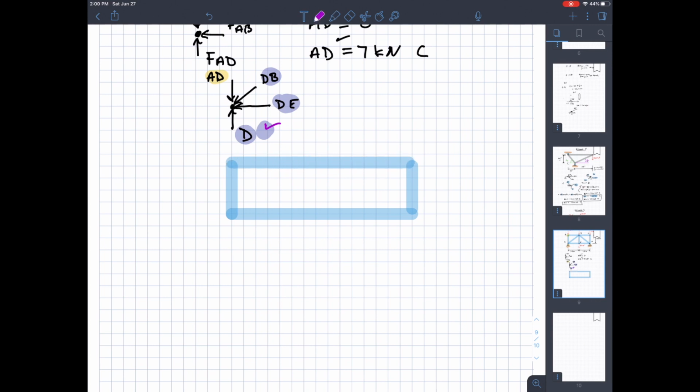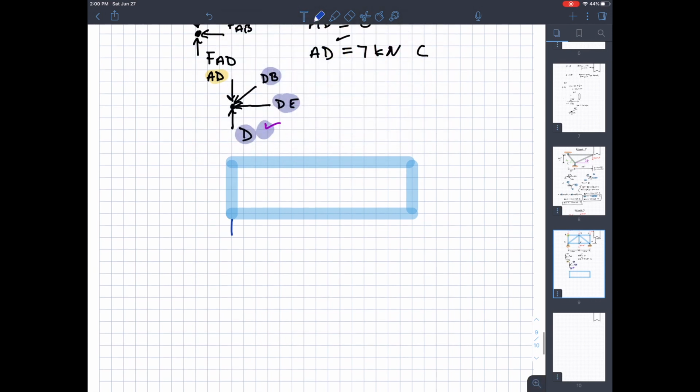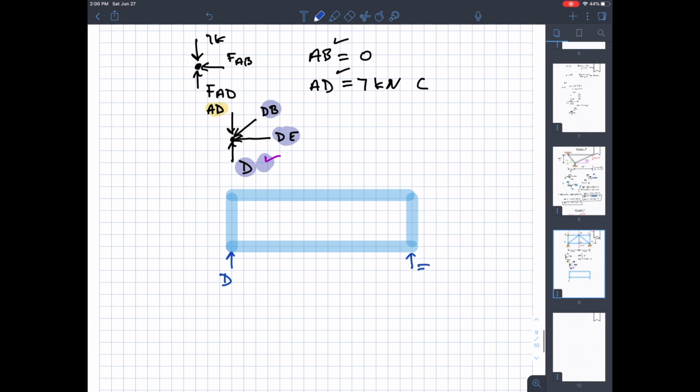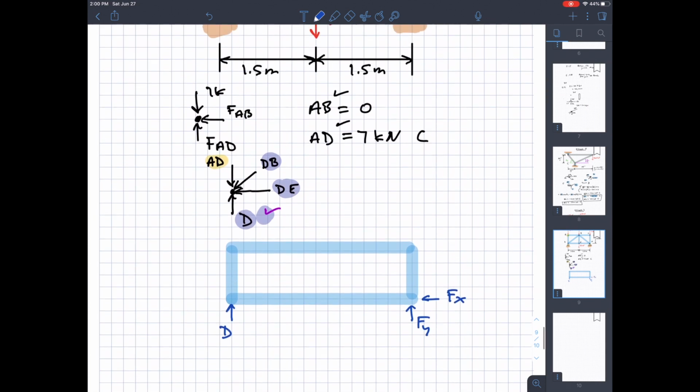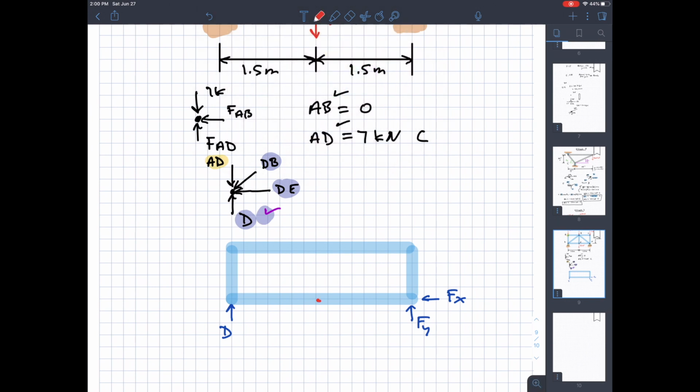And what I know is that I have a reaction force in the vertical direction. I'm going to call that D. Then I have reaction forces at point F, Fy, and Fx. Okay, it's a pin, so it's got two forces. All right, and then I have all these external forces operating.